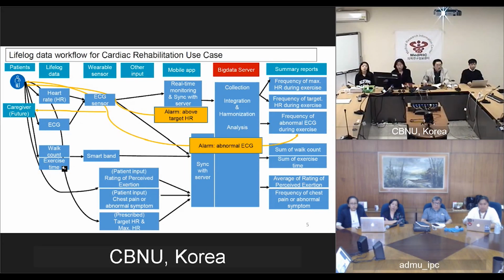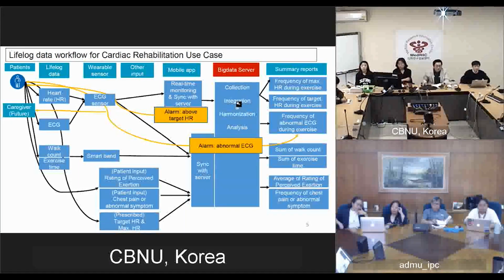Heart rate and ECG data will be collected by ECG sensors, and heart rate will be monitored in real time on the patient's mobile phone. An alarm will go off if the patient's heart rate goes above the target heart rate. The heart rate will be collected and saved at the big data server.